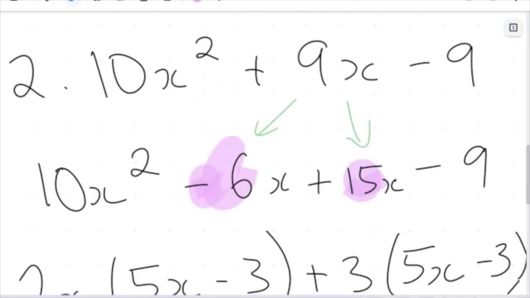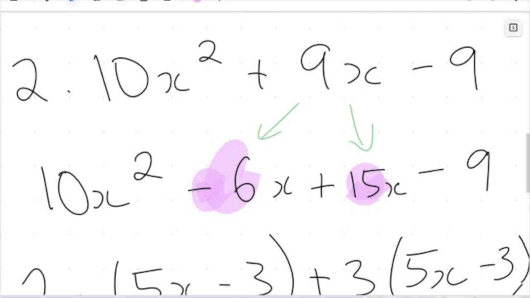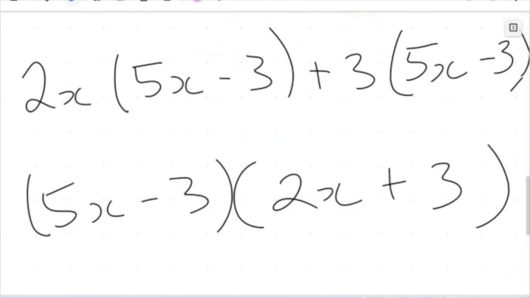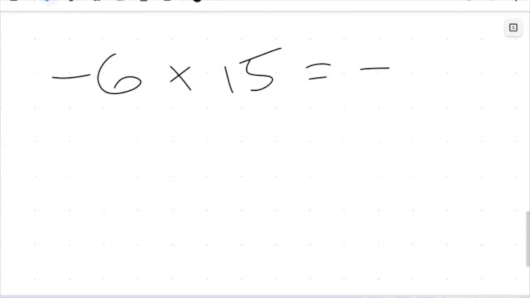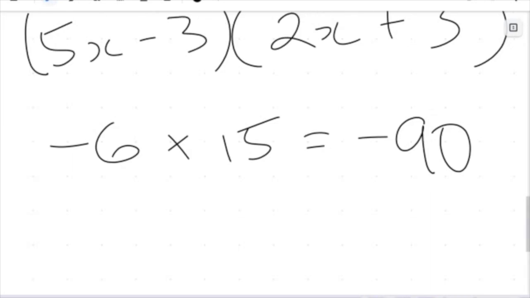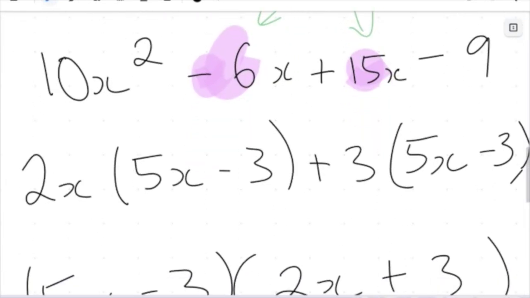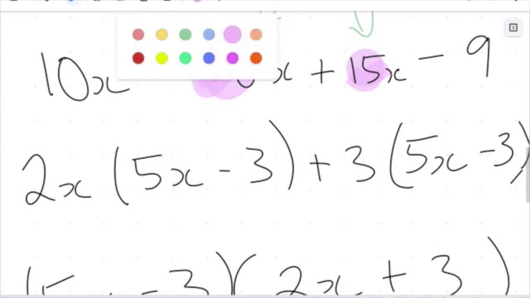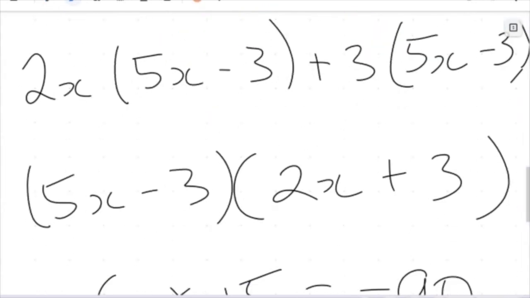Now they add to give me this middle term, but what do they multiply to give me? So let me try multiplying -6 and 15. Now when I multiply these two numbers, this gives me -90. Now that's a little different from -9, but look at something curious and peculiar that happens here.